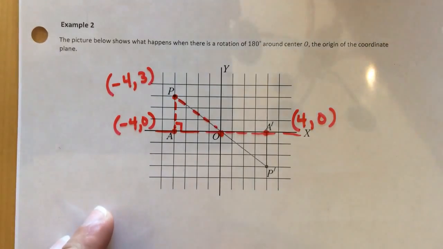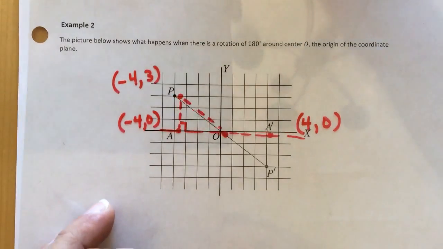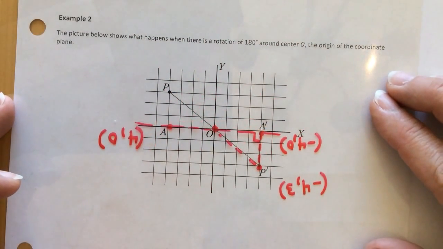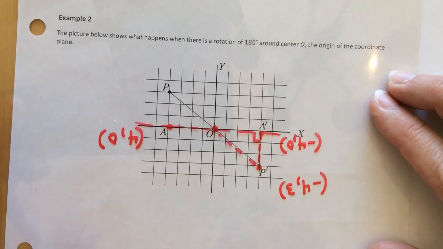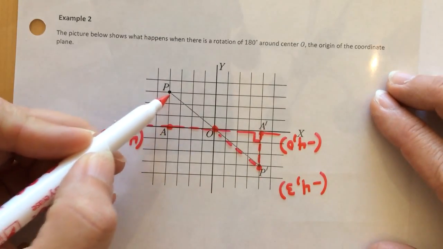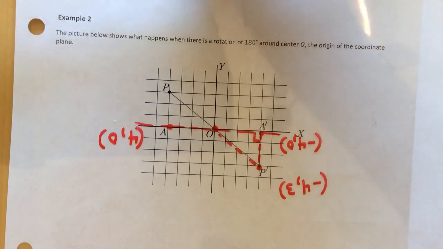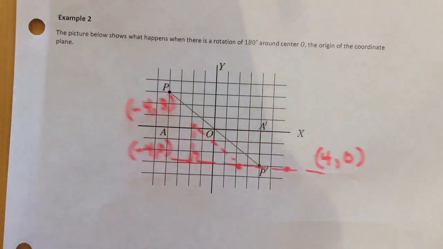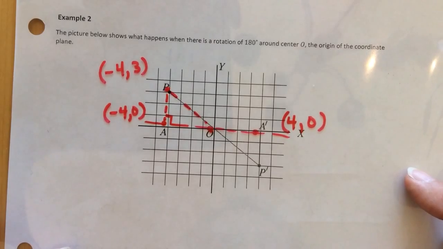And so when I rotate this 180 degrees, I've got this situation going on. So I know that this distance and this distance have to be equal because distances are preserved in a rotation of figures like this.